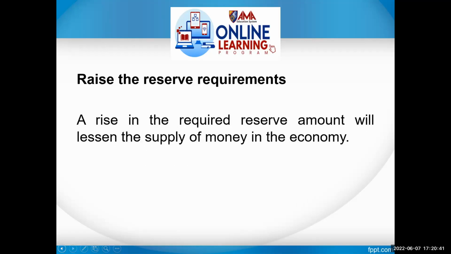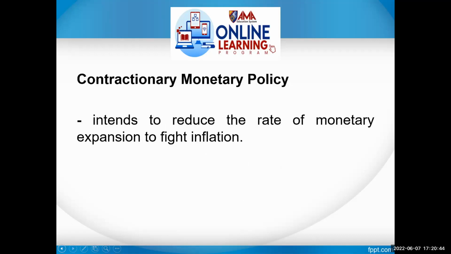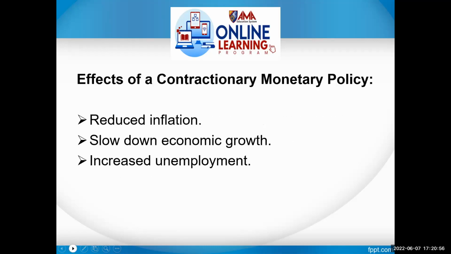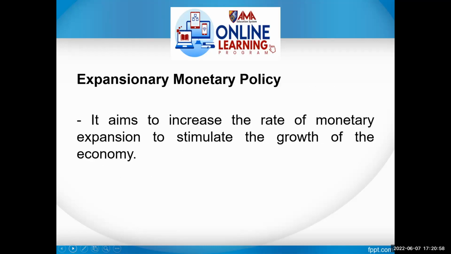So when we say contractionary monetary policy, from the word contract, it is a reduction of the supply of money circulating within the economy. So now we speak of expansionary monetary policy. Expansion, expand.